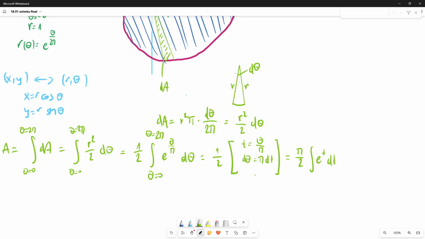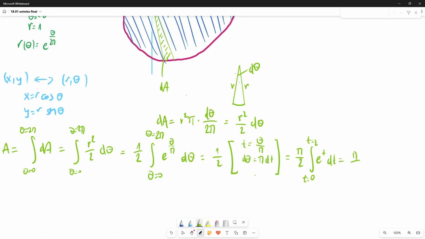We must be mindful of the boundaries of the integral. When theta is equal to 0, then t is equal to 0 over pi, which is 0. And when theta is equal to 2 pi, then t is equal to 2 pi over pi, which is equal to 2.